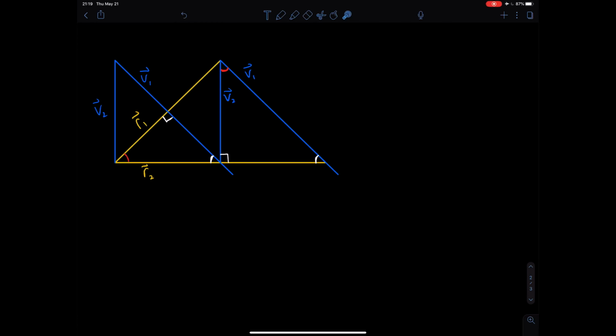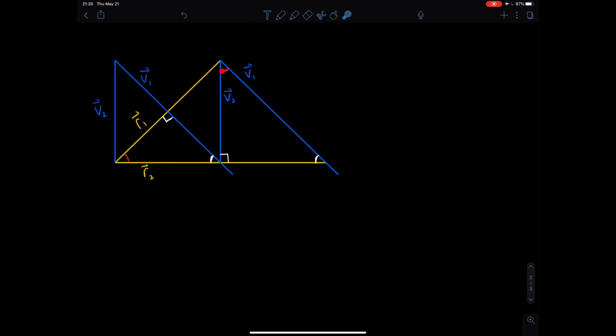In this triangle, we also have a right angle, and we also have an angle that's defined by velocity 1 and position 2. So this angle is identical to this angle, and this angle is identical to this angle. But we know that triangles' angles have to add up to 180 degrees, and since this is the only angle left in this triangle, and this is the only angle left in this triangle, we know that the two angles in red must be identical, and that's an extremely important piece of information.